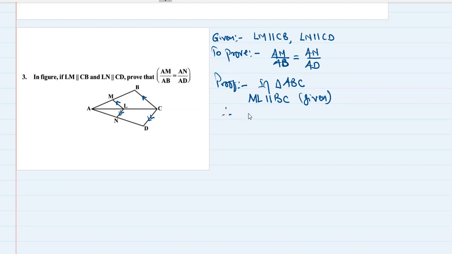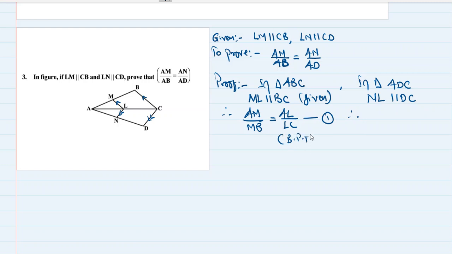Therefore, we can say that AM upon MB is equal to AL upon LC, number 1, correct? Similarly in triangle ADC, do you see triangle ADC? In triangle ADC, NL or LN parallel to DC or CD, whichever way, both are correct. I did not write the reason. This is because of BPT.